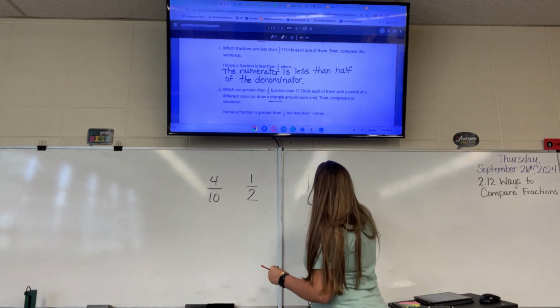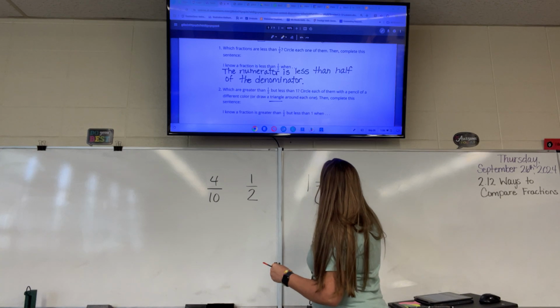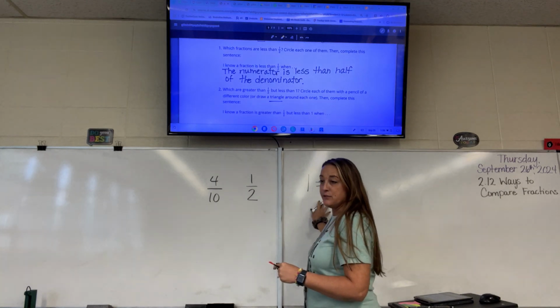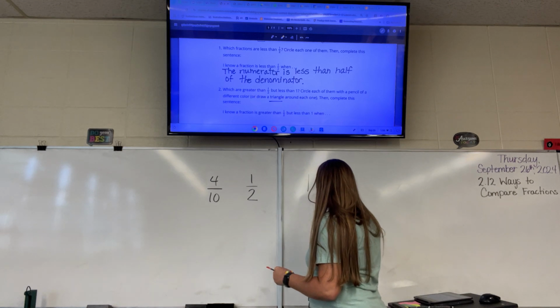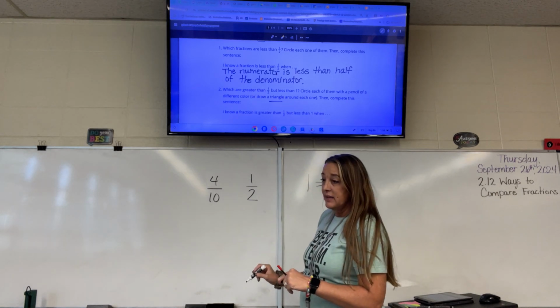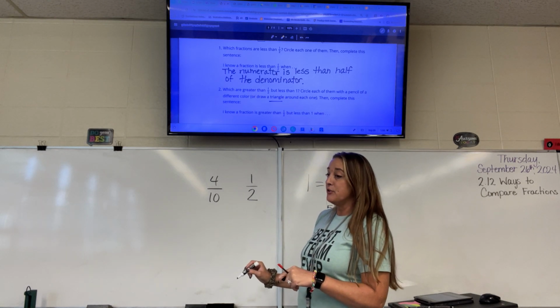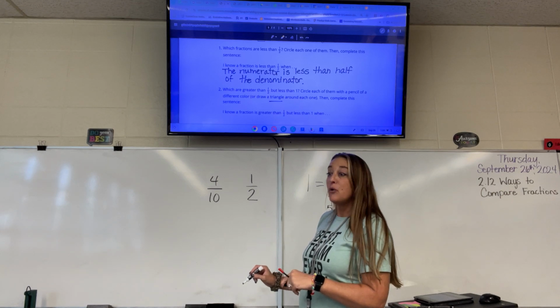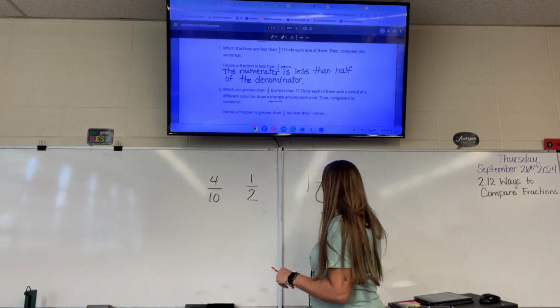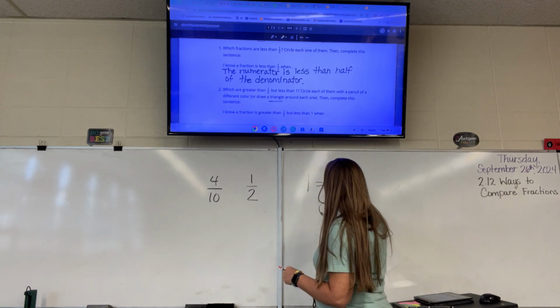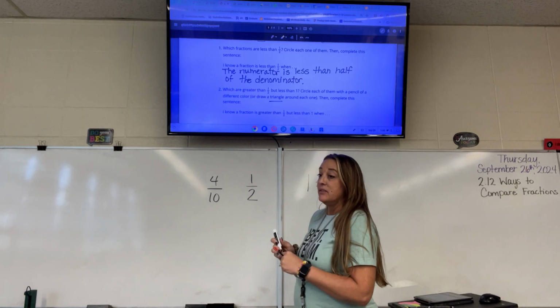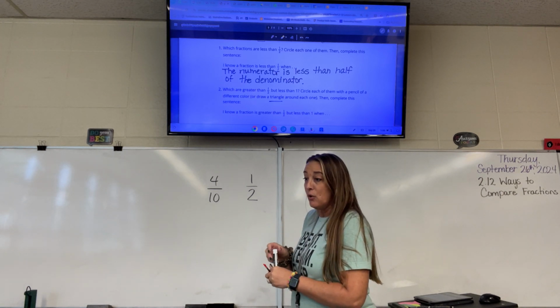So, Colton, if you know that 1 whole is 4/4, and I give you the fraction 5/4, is that smaller than a whole? No, it's bigger, right? When the top number is bigger than your number of pieces in the whole, the fraction is bigger than 1 whole, right?